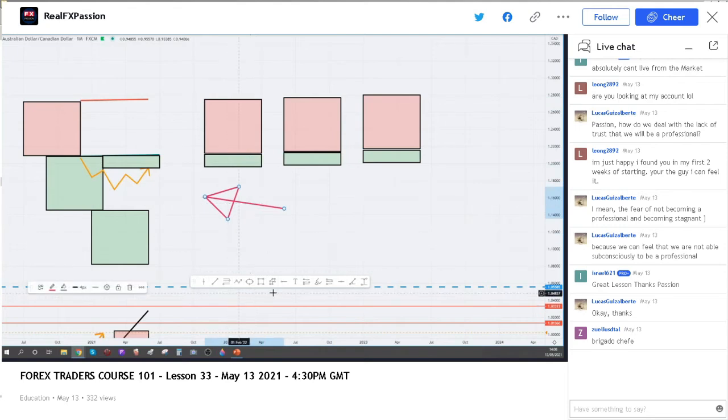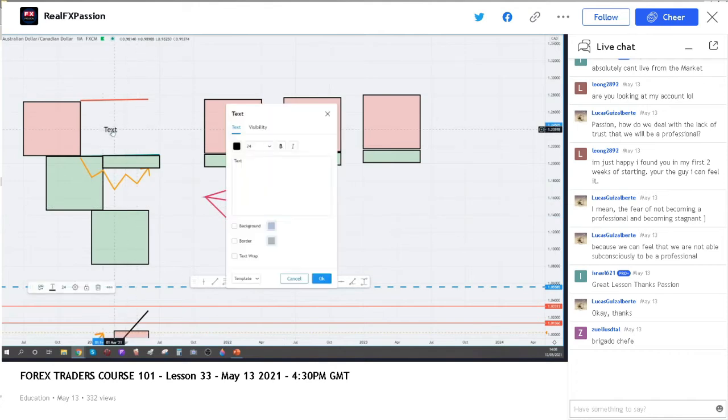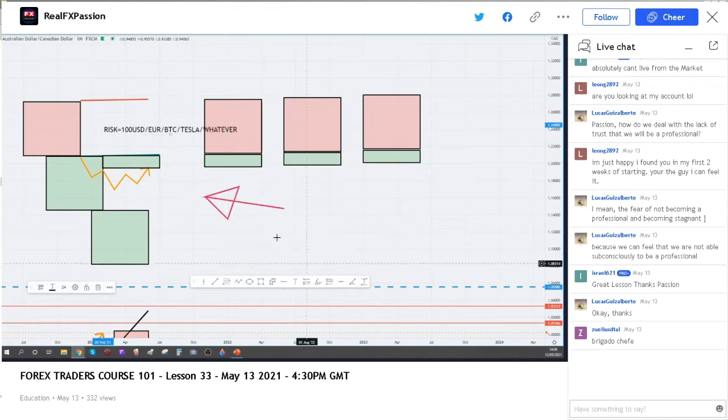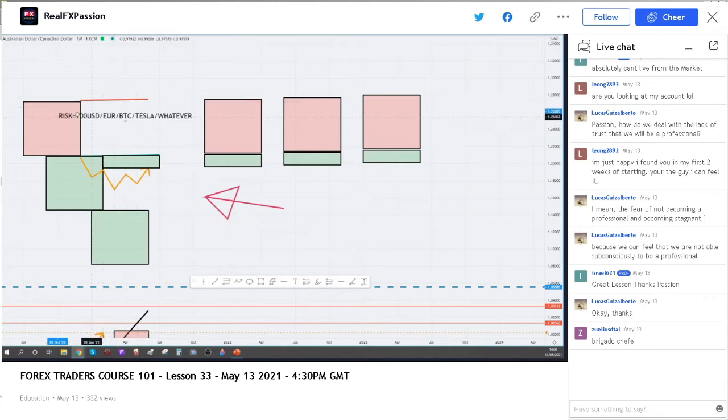So let's use a number, everybody. Let's use the number 100. So risk equals $100, or euro, or Bitcoin, or Tesla, whatever. This is the risk, 100.